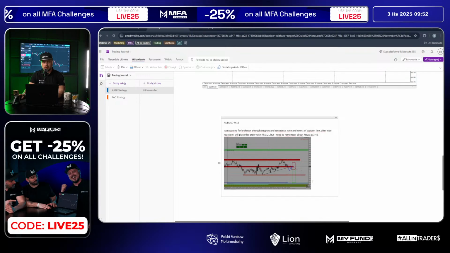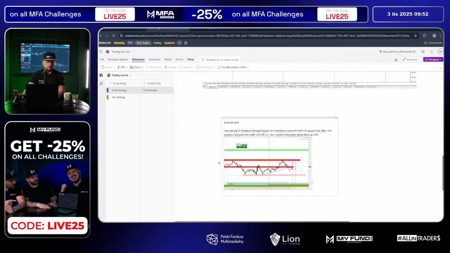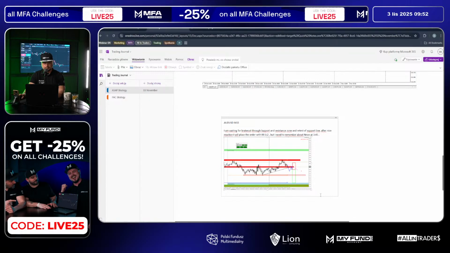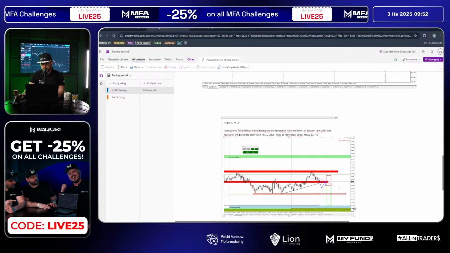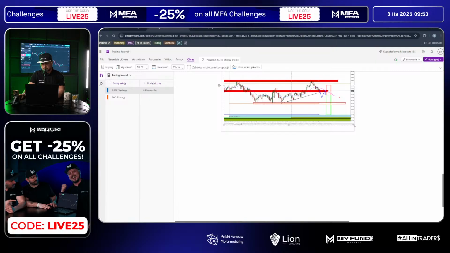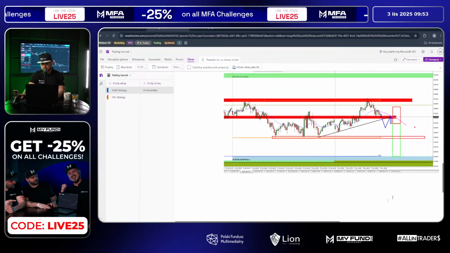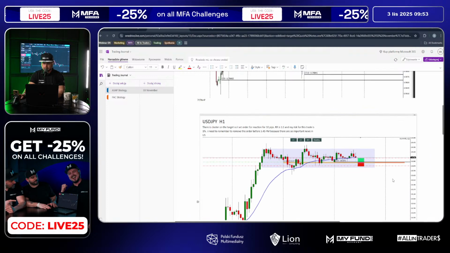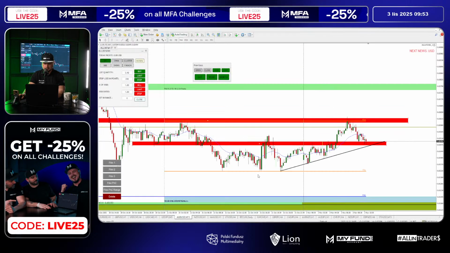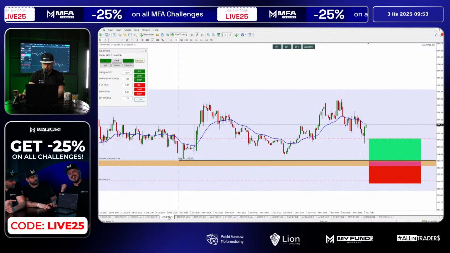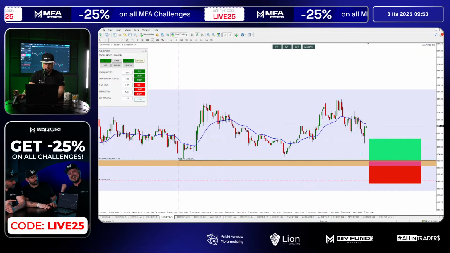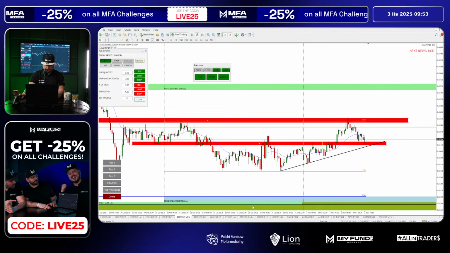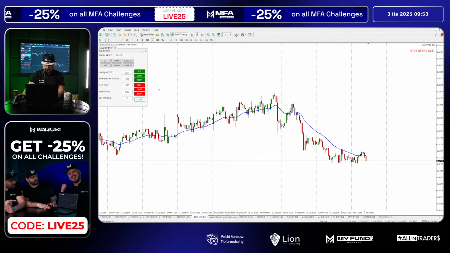It's looking quite good, but we need to wait for that as well. Okay. All right, we got a plan. 1, 2, 3. 3 plans already. What's going on with USD JPY? Nothing yet. Looking nice, but also we need to wait a few more minutes.